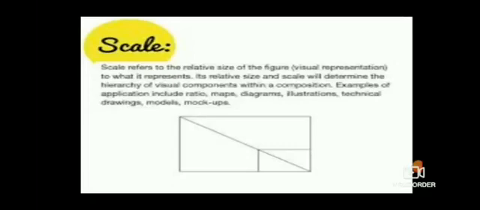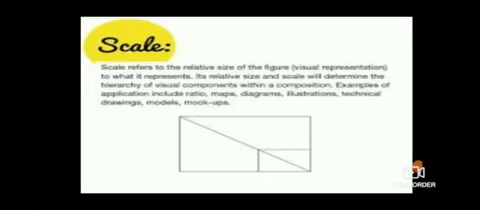Scale can be defined as the ratio between a given distance on a map and the actual distance on the Earth's surface. One part of the scale shows the distance on the map, while the other part shows the actual distance on the surface of the Earth.